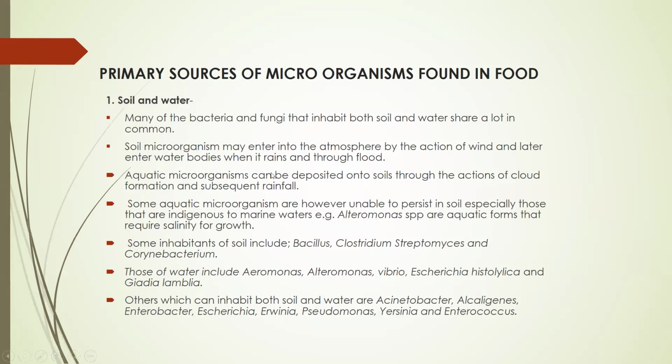The aquatic microorganisms can be deposited onto soils through the action of cloud formation and rainfall. Some aquatic organisms are unable to persist in soil, especially those that are indigenous to marine water, like Alteromonas. Those are environmental species. They require salinity for growth, so they may not be able to persist in soil.